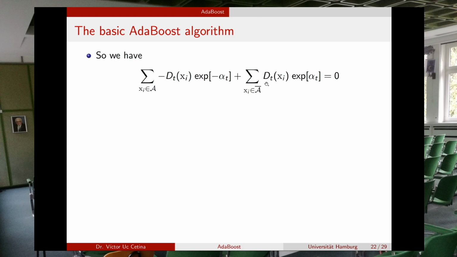First, what we do here is solving for this factor here. So we move this to the left side.